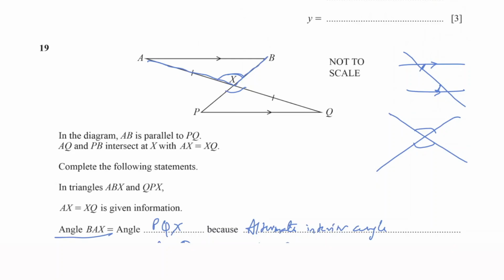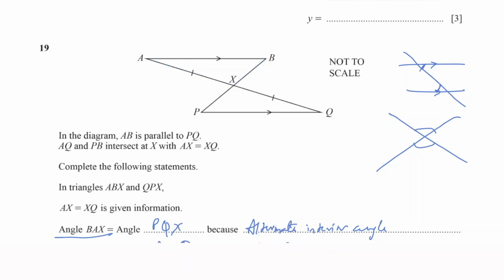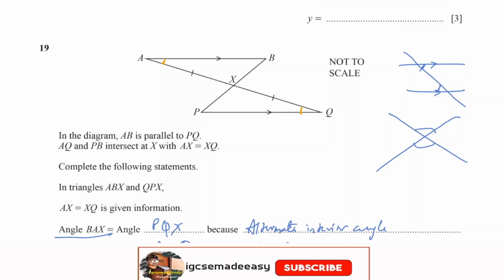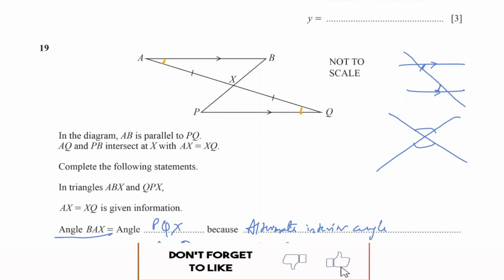Let me see. It's given that this angle is equal to this angle, right? Sorry, this angle is equal to this angle. This angle is equal to this angle. Also, it is given that this side is equal to this side.